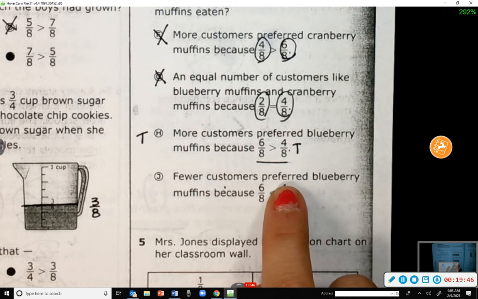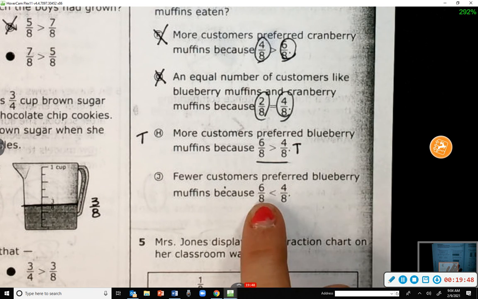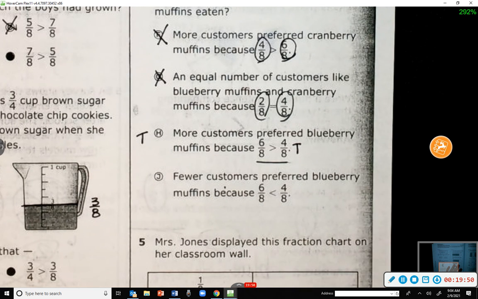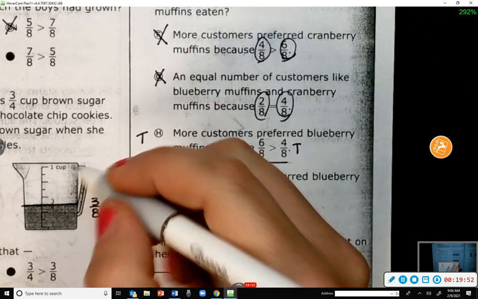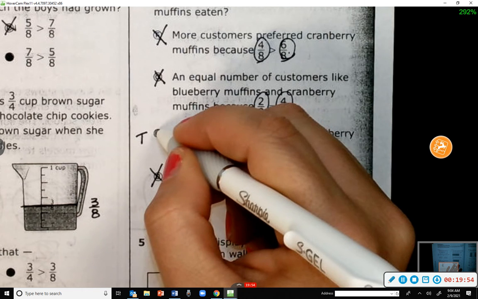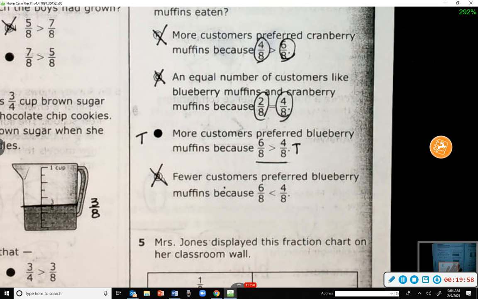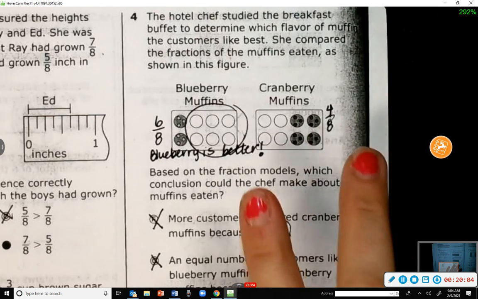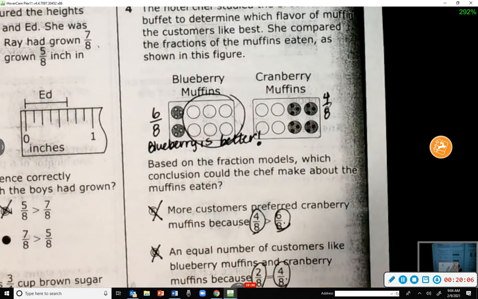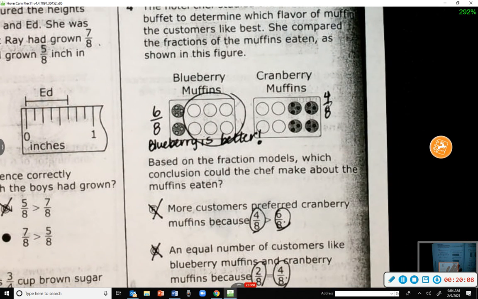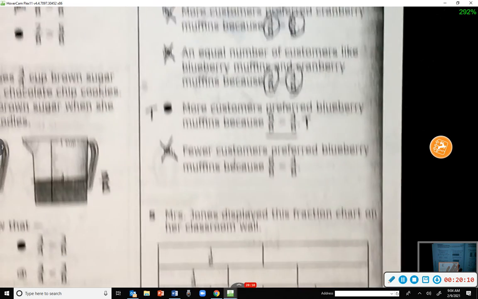Fewer customers preferred blueberry muffins because 6/8 is less than 4/8. No. So H is correct. Okay, so sometimes labeling your model first before you start reading the answer choices is going to help you, okay?